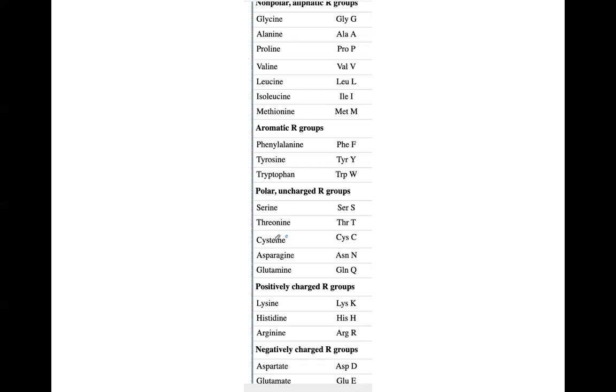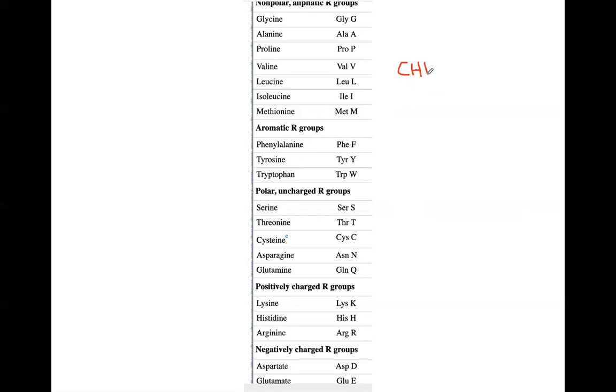So for the six amino acids, let's do C, which is cysteine. You can find cysteine here, right? H, can you find H? What's H? Histidine.